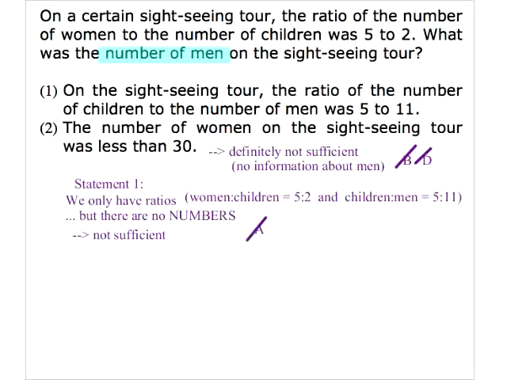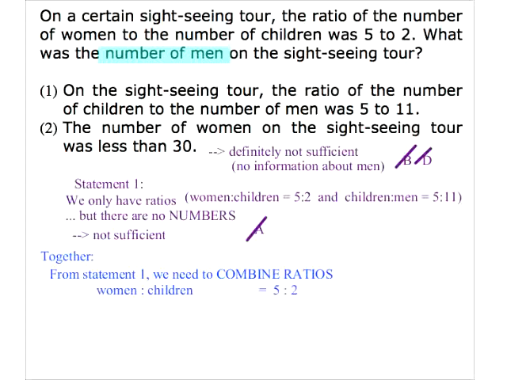Now let's talk about how to combine the statements. Together, we do need to combine the ratios from statement 1. We have women to children is 5 to 2, but then children to men is 5 to 11.